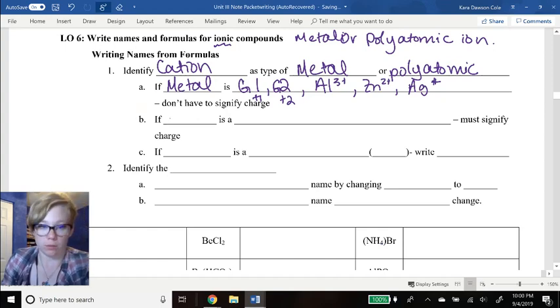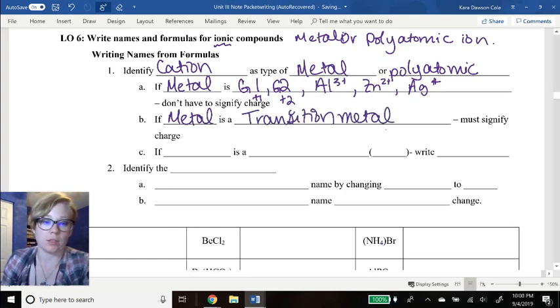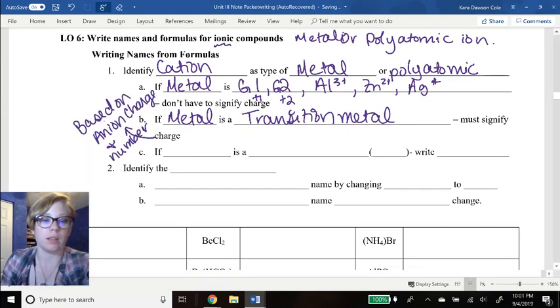If the metal is a transition metal, we have to signify the charge. Now, the way we signify the charge is based on the anion. So it's based on the anion charge and the number of anions.